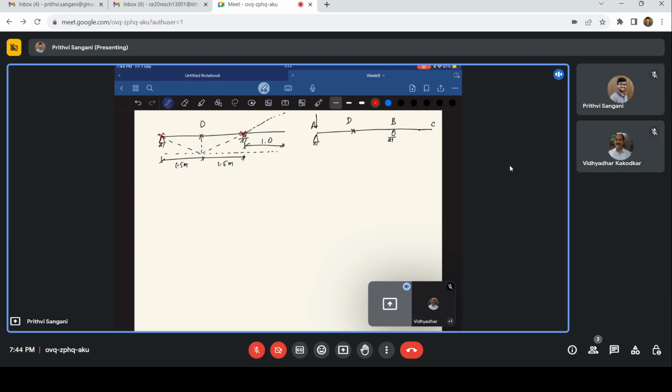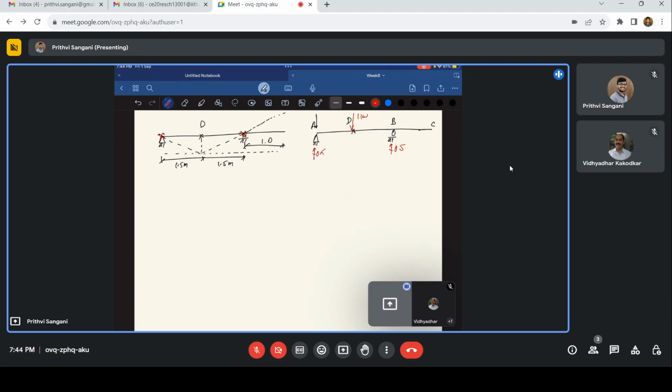So what about when the unit load is at point D? So this is 1 kilonewton. When this is 1 kilonewton, this should be sharing, right? This is 0.5, and this should be 0.5.